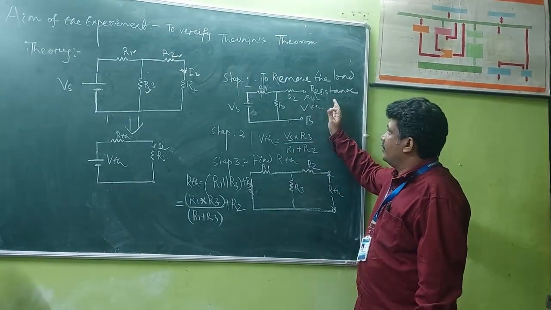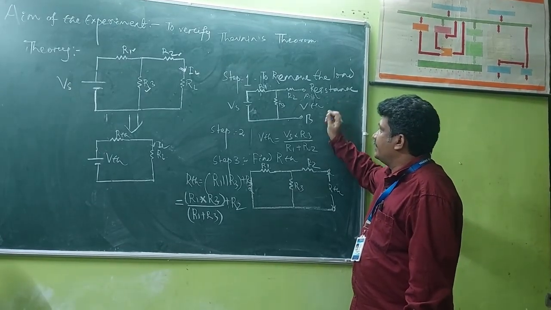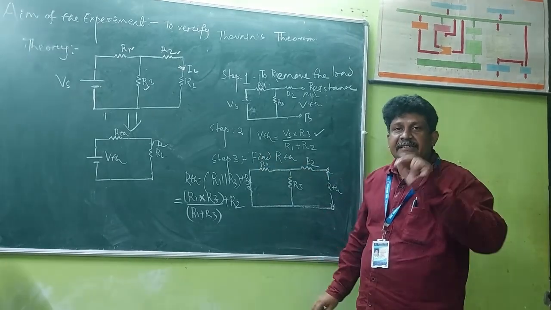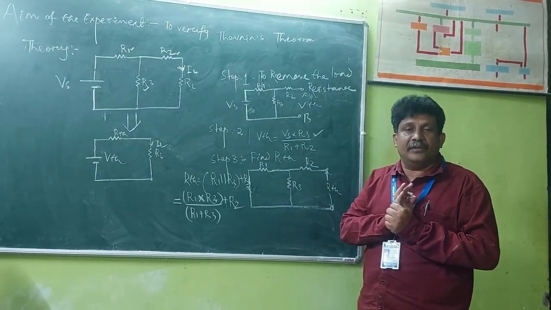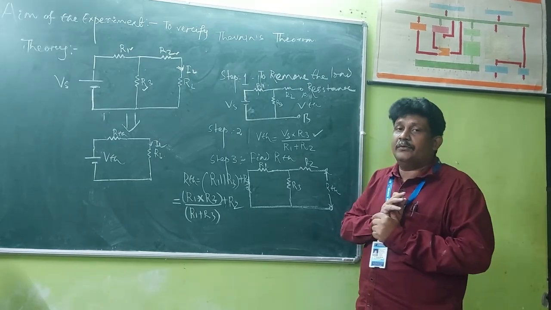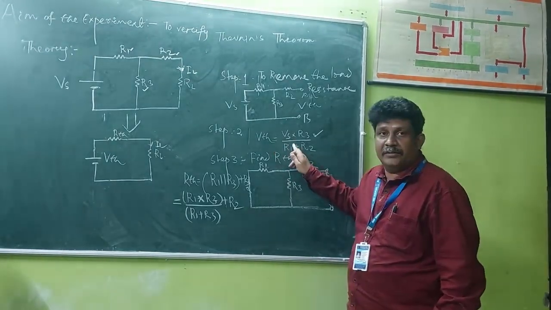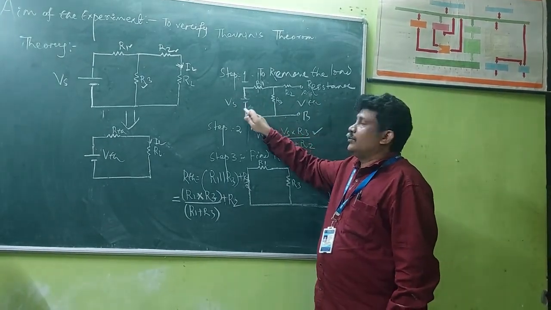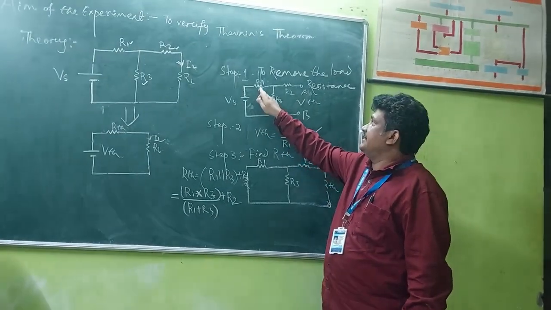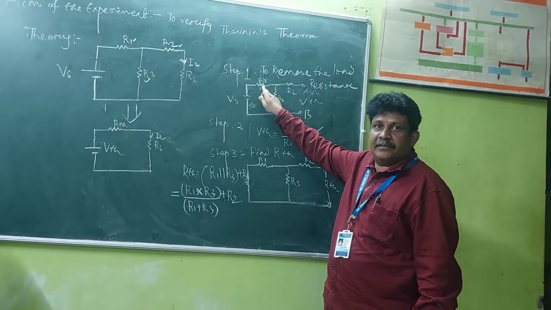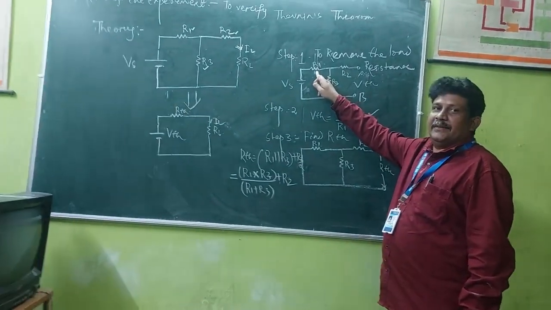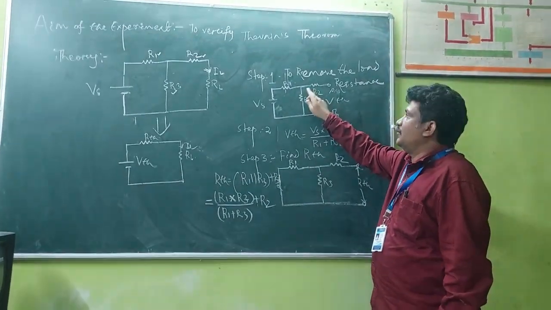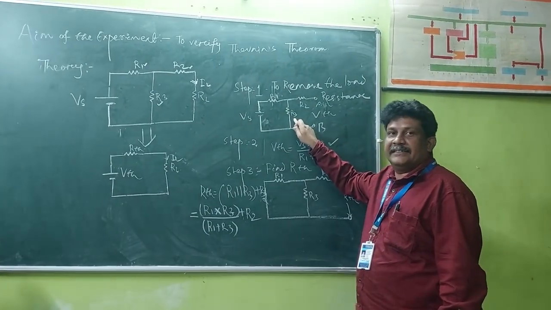With the load resistance removed, we can find the value of VTH, known as Thevenin's voltage. Look how Thevenin's voltage is calculated. Here, this is the source voltage Vs. This is our resistance 1, this is resistance 2, and this is resistance 3.